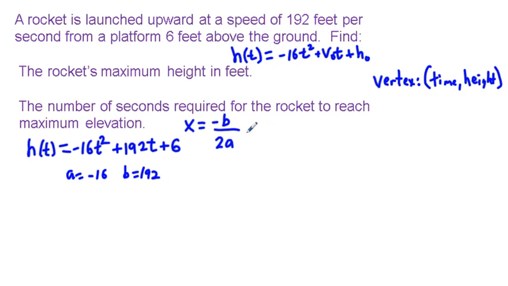So x is equal to negative 192, that's b, over 2a, so it'll be 2 times negative 16.